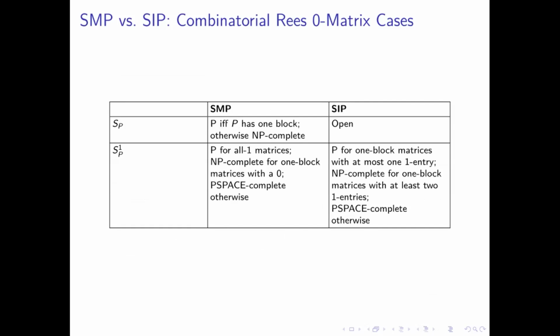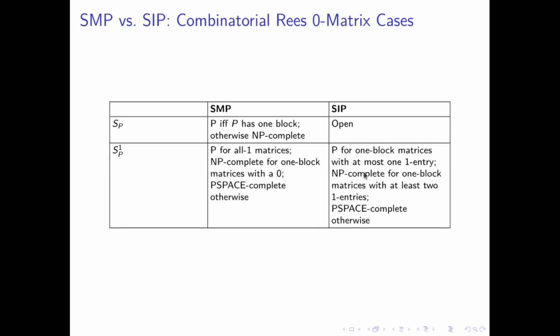For combinatorial Rees matrix semigroups with zero, without one, SMP is in P if and only if P has only one block, and otherwise NP-complete. But for SIP we weren't able to show this. For a combinatorial Rees matrix semigroup with one, Steindl showed that SMP is in P for all-ones matrices, NP-complete for a one-block matrix with 0, and PSPACE-complete when you have more than one block.